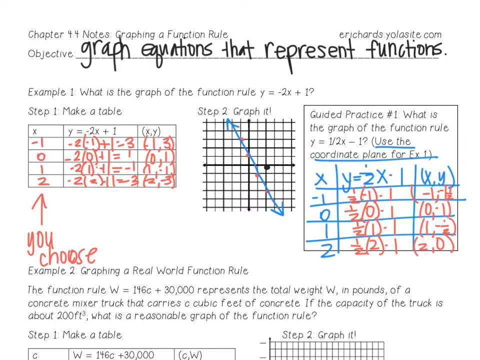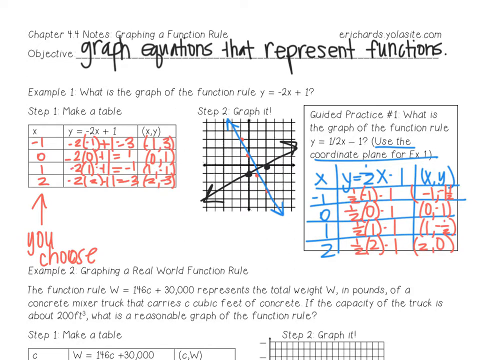Then there's also 0, negative 1, so I'm going to go left or right 0, down 1. And then I'm just going to draw a line between those two because graphing fractions is harder. So 2 points make a line, so I'm going to graph those 2 points and make a line. Your other 2 points should lie on that line if you want to check it.